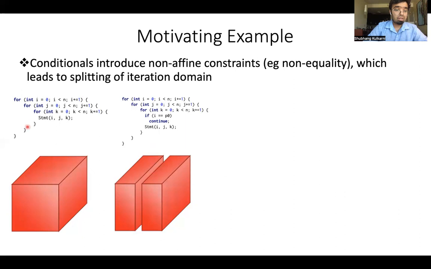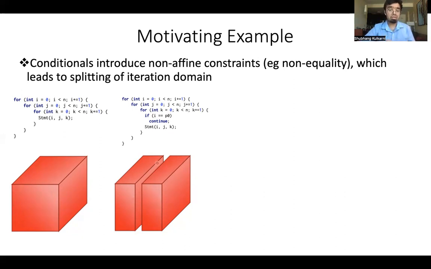If I consider a program with 3 nested for loops, its statement domain is simply a cube. The dimensions here are the iterators, so i, j, and k.